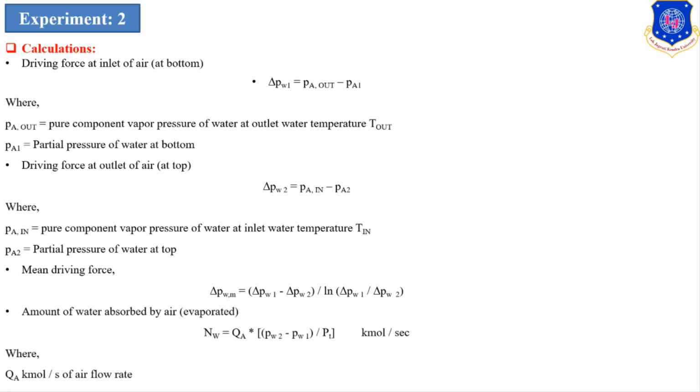Now after that, we can find out the amount of water which is being absorbed by the air, or you can say the amount of water evaporated along with the air. That will be given by NW, which is equal to QA into PW2 minus PW1 upon PT, in kilomole per second, and here QA will be the kilomole per second of air flow rate.